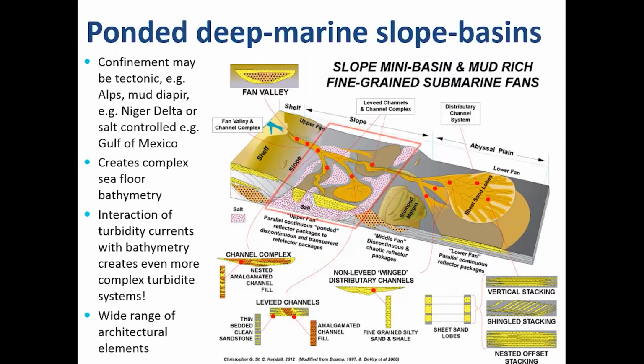The result of this confinement is a complex seafloor bathymetry, the interaction of which with turbidity currents creates an even more complex depositional system, a wide range of architectural elements in these types of settings.